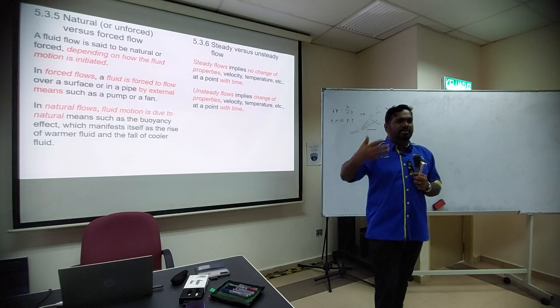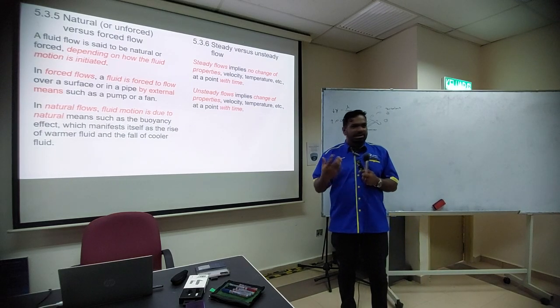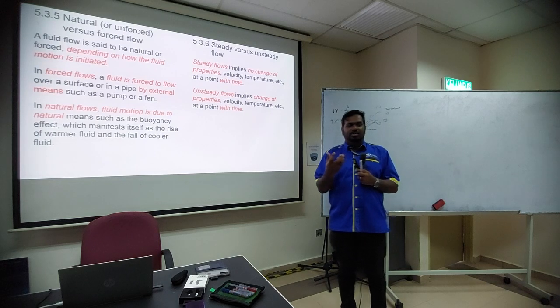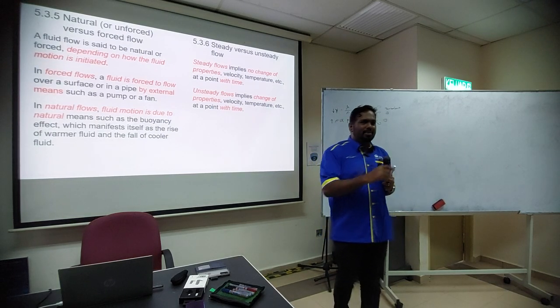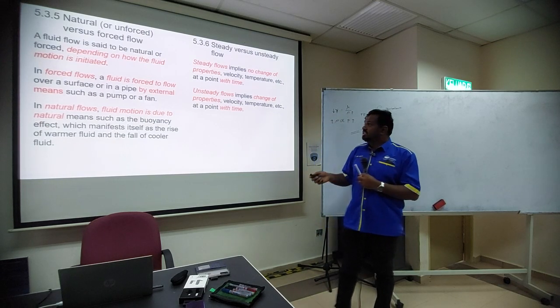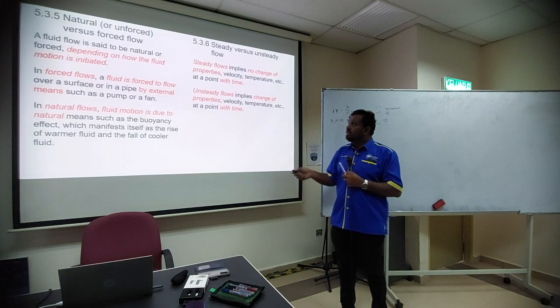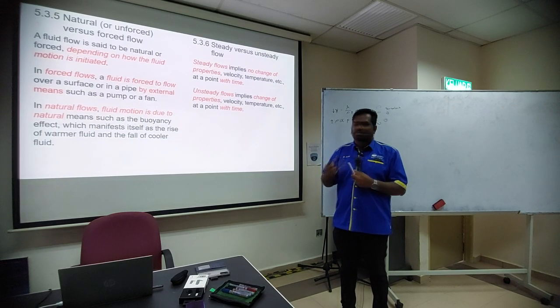So you need to create a flow using a device. Let's say a pump in your house. Let's say the water pressure is low. So you turn on your pump, and the flow will increase. So that is a forced type of flow, because you are using something to create the flow.